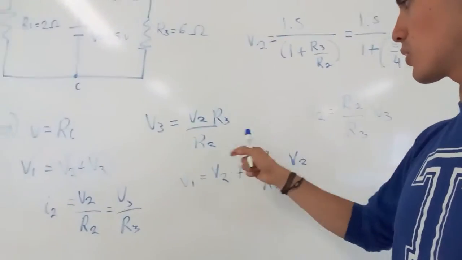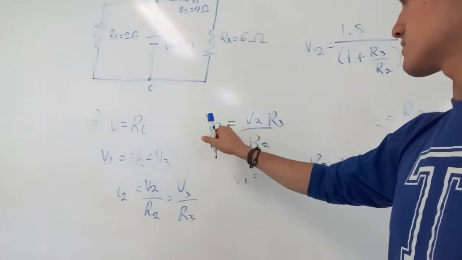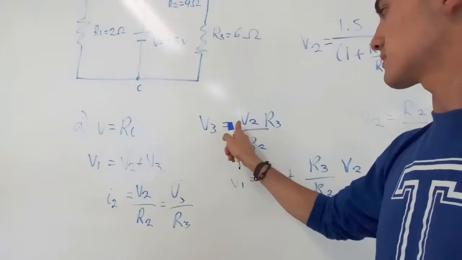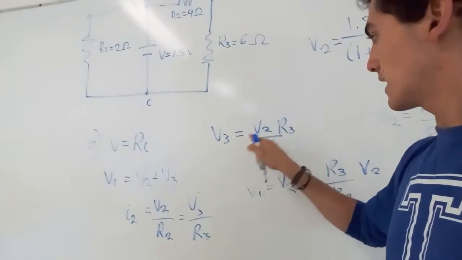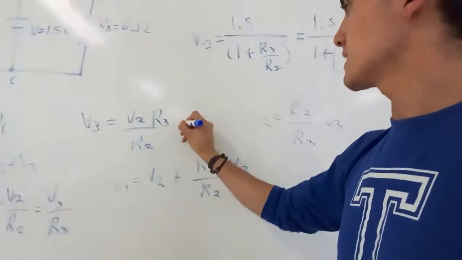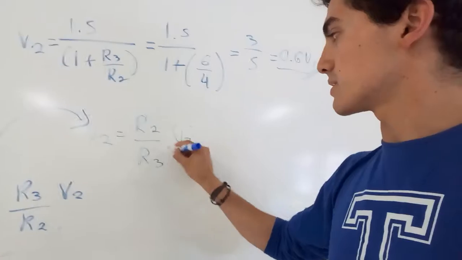So we go to this part. Okay, but we are changing this, this goes in this part, this goes in here dividing, and this goes here multiplying, and then we obtain this one for obtaining our voltage 3.